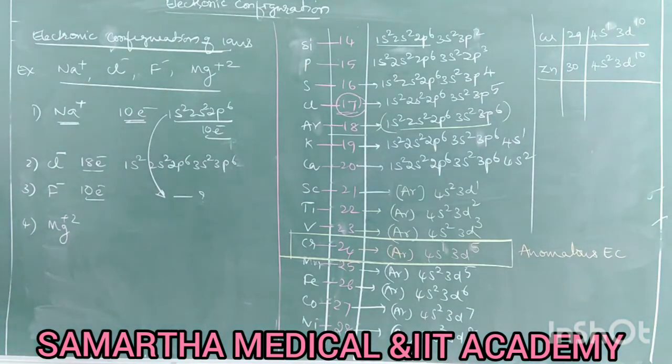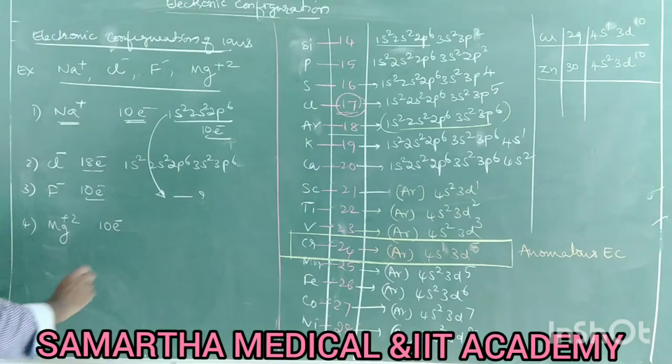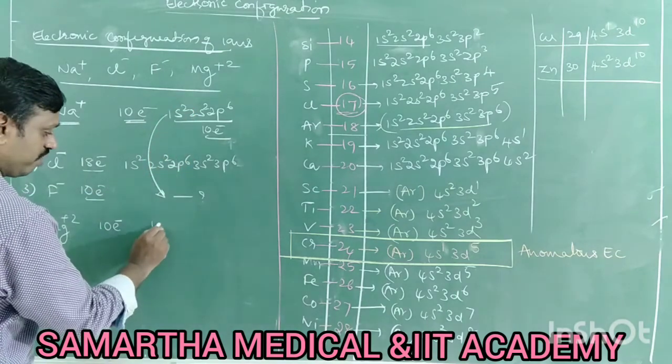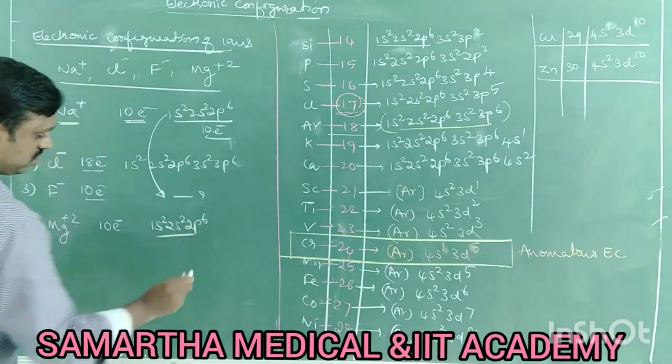Magnesium atomic number is 12, so it has 12 electrons, but plus 2 indicates loss of 2 electrons. So 12 minus 2 is again 10 electrons, with the same electronic configuration, 1s2, 2s2, 2p6.